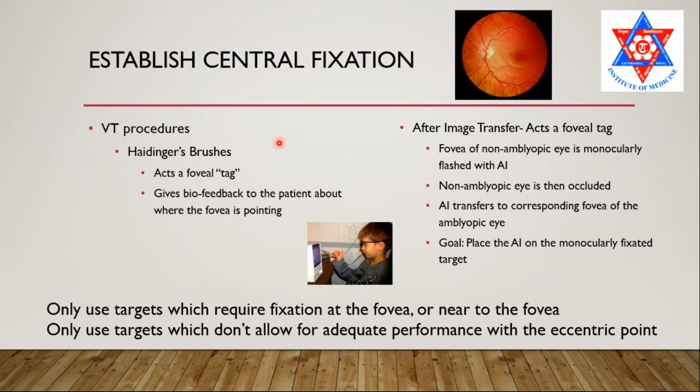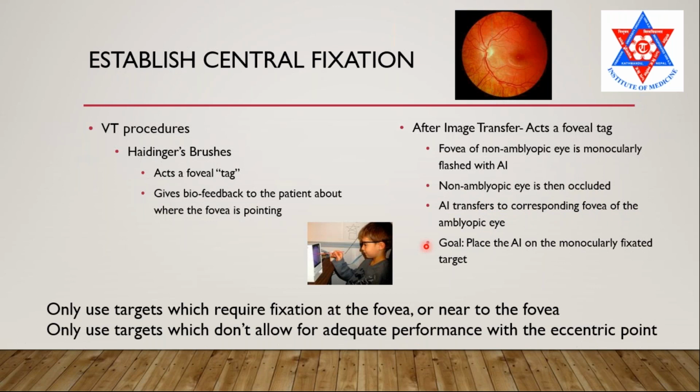The next activity that we can do is after image transfer. After image transfer also acts as a foveal tag. In this, the fovea of the non-amblyopic eye is monocularly flashed with an after image, and the non-amblyopic eye is then occluded, and the after image transfers to the corresponding fovea of the amblyopic eye.